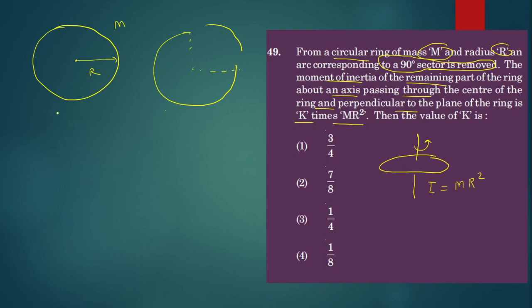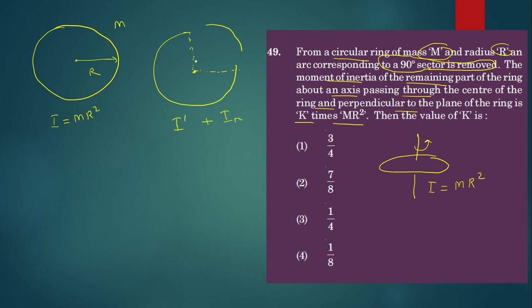Since moment of inertia is a scalar quantity, it can be added like a scalar, and because both the remaining portion and the removed portion were moving about the same common axis. So let's say the moment of inertia of the remaining portion was I dash, and the removed portion is, let's say, IR.